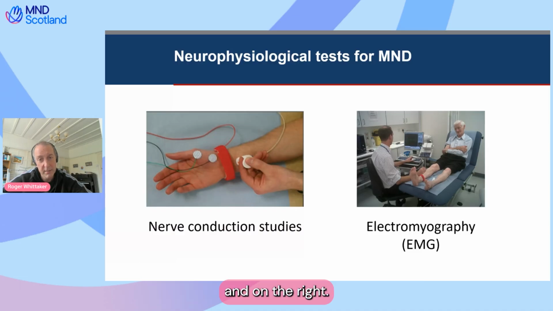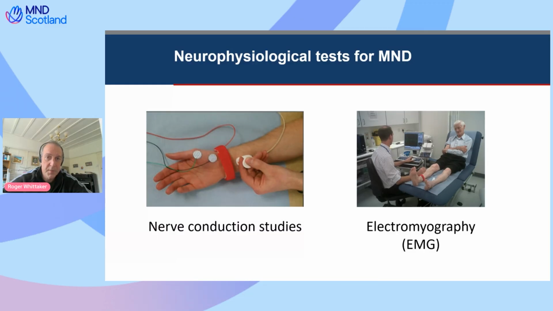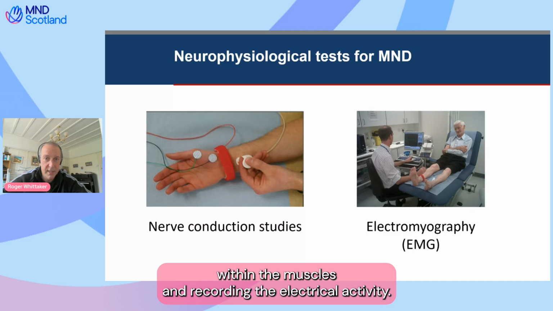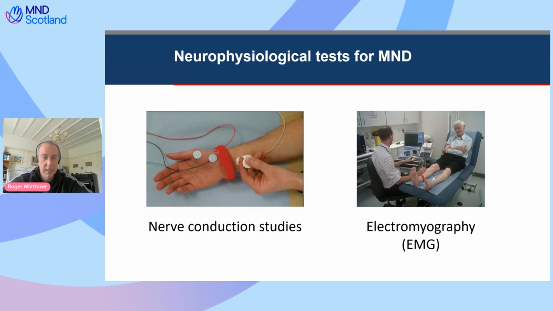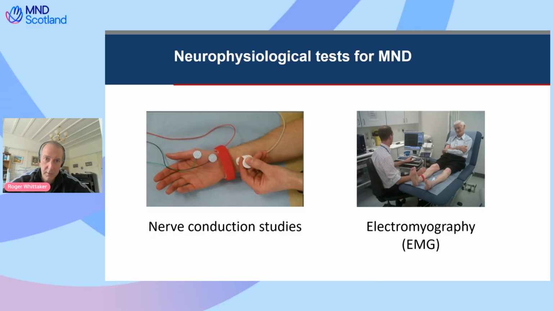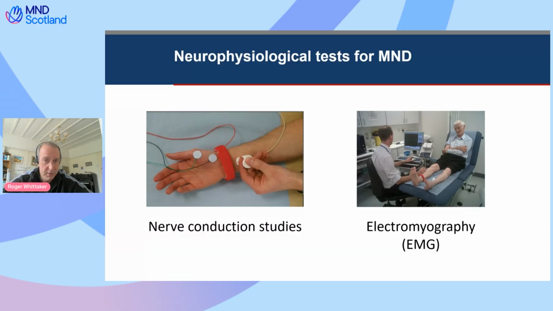And on the right, the second technique we use is called electromyography. So this involves placing a small metal needle within the muscles and recording the electrical activity. As you can imagine, this is not very comfortable. For a disease like motor neuron disease, we would probably look at somewhere between 6 and 10 muscles.